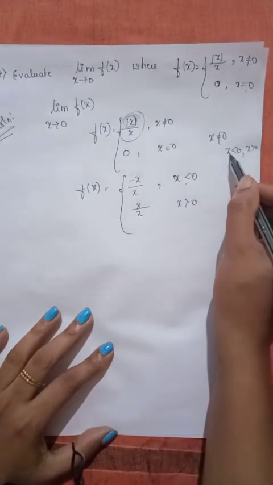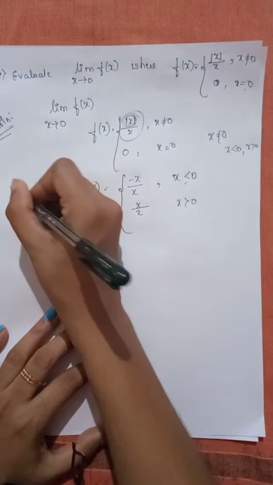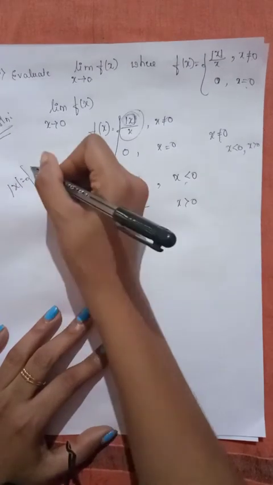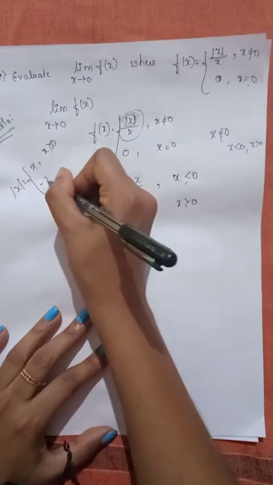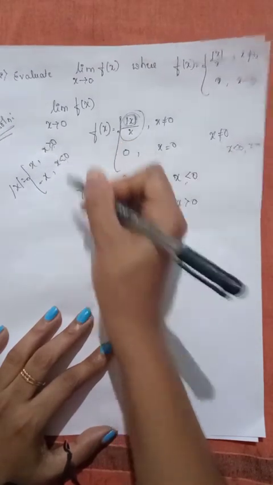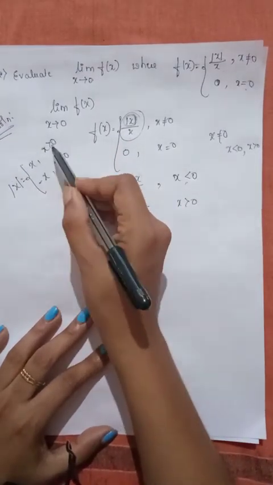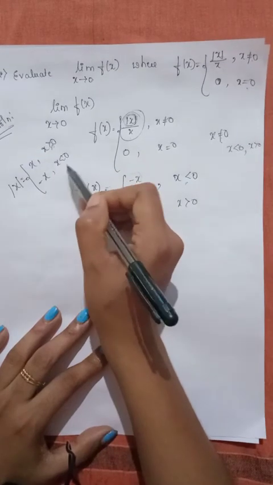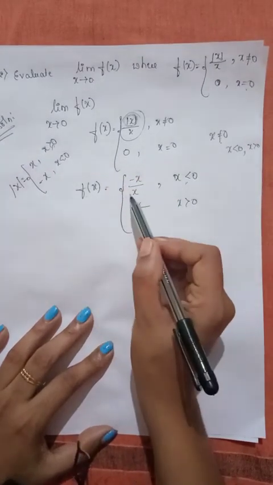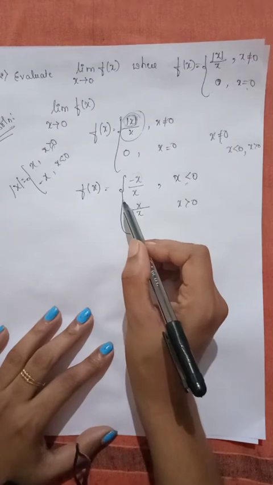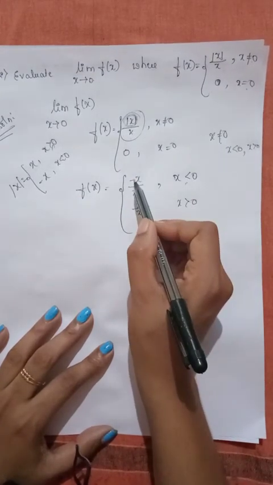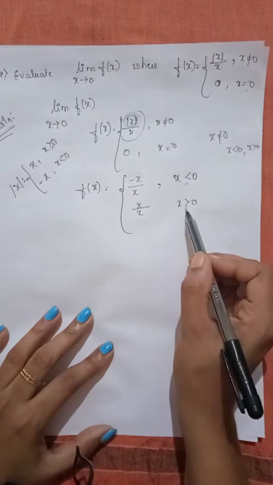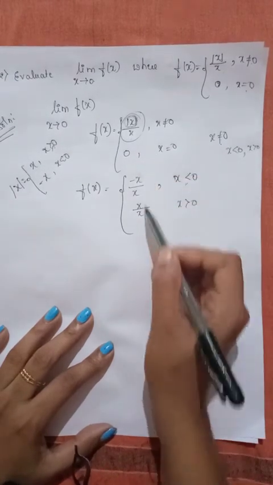But what is the definition of the mod x function? Mod x is x if x is greater than or equal to 0, and it is minus x if x is less than 0. The same thing you have to do here. f of x is equal to, when x is less than 0, wherever you have mod x, replace it by minus x, and whenever x is greater than 0, mod x should be replaced by x.